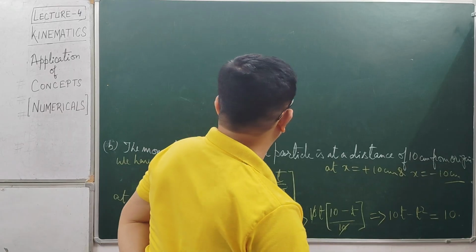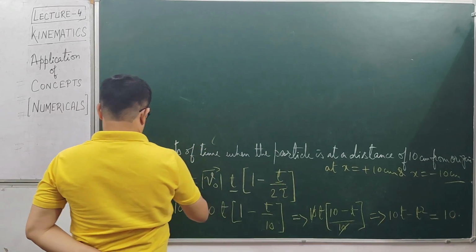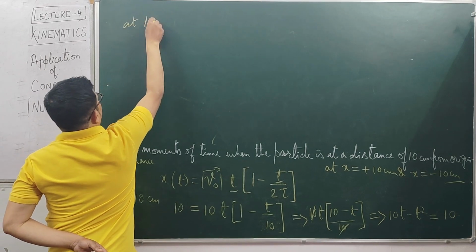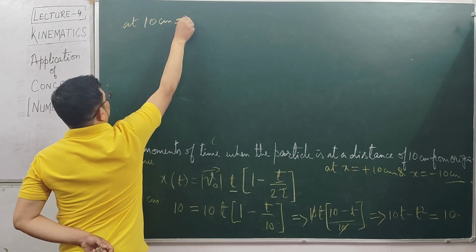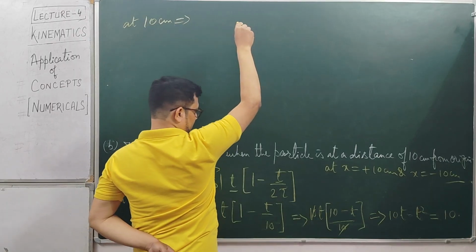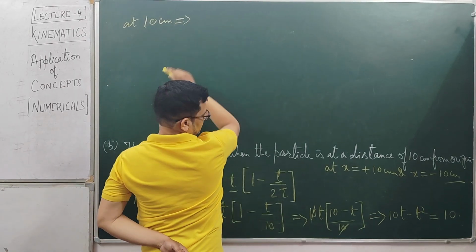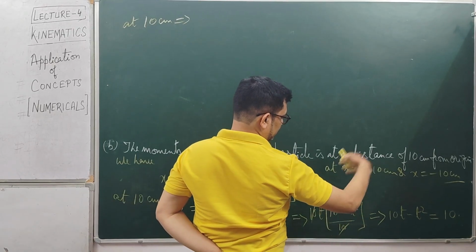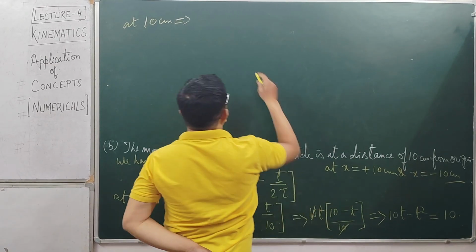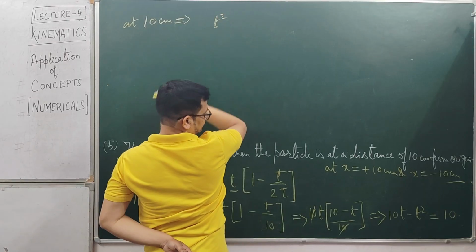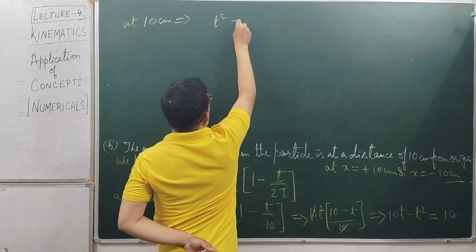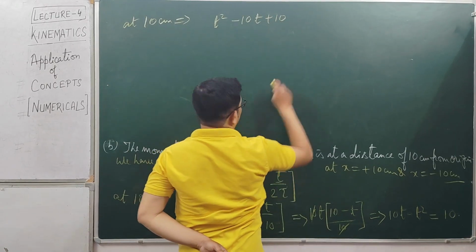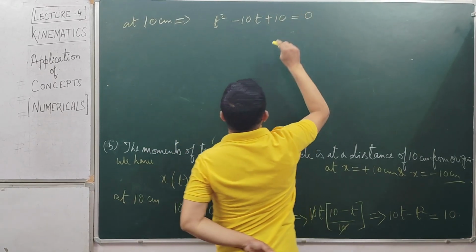At 10 centimeters, we get this equation. Bring all the variables to the right-hand side and write it: t squared minus 10t plus 10 equals 0.